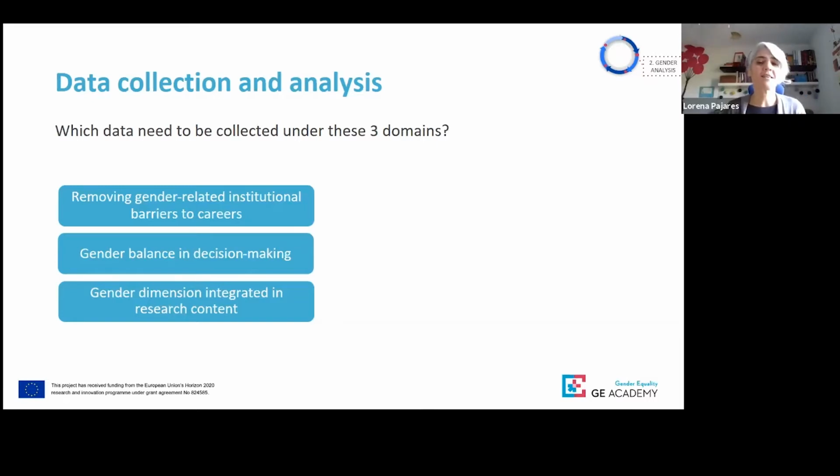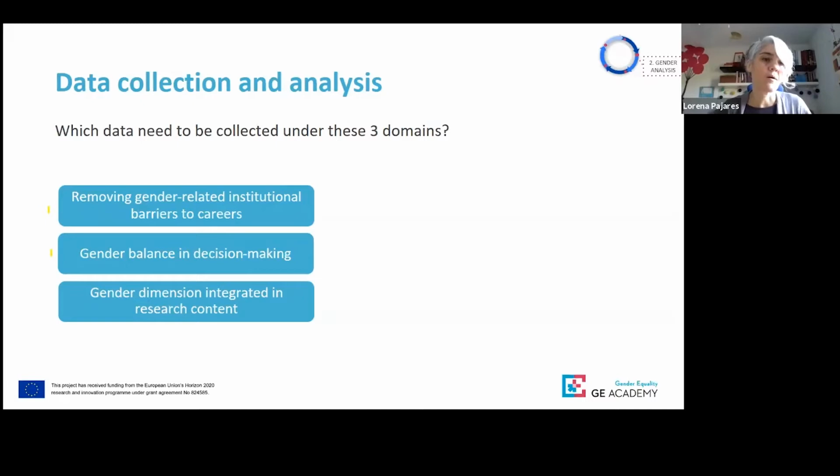That would be asking this question: which data need to be collected under the three basic domains of a gender equality plan, which, as you remember, are related to the gender equality objectives of the European Commission and the ERA roadmap, which is gender equality among researchers, gender equality in decision-making, and gender dimension in research.